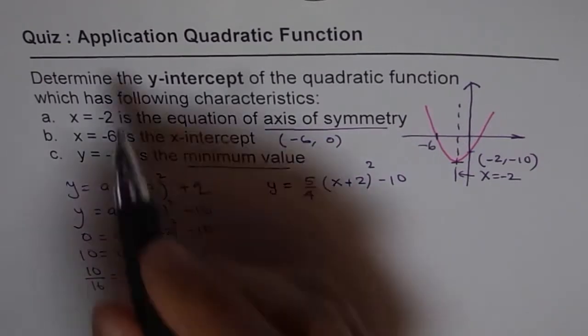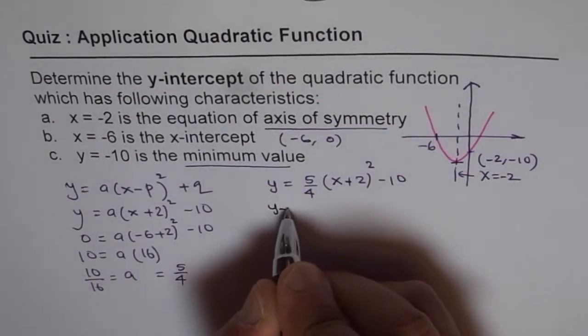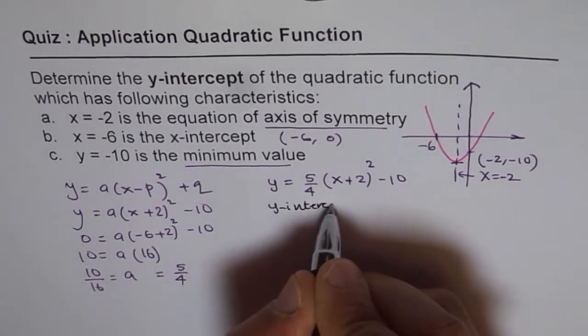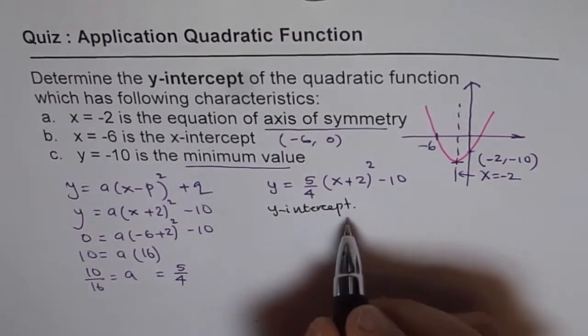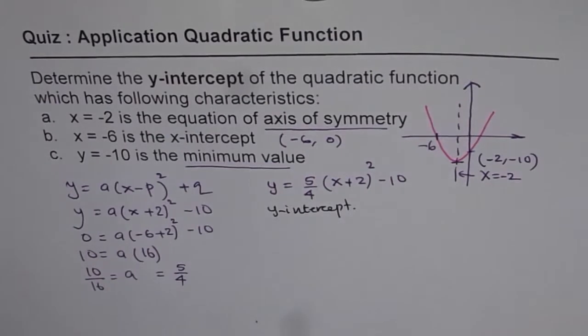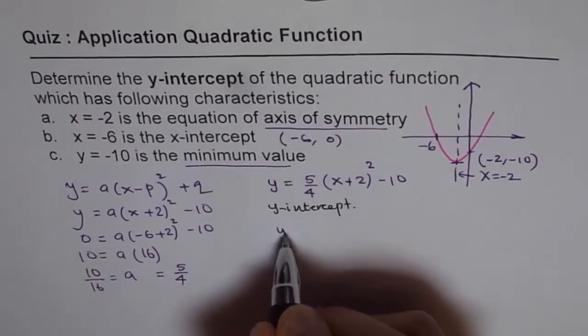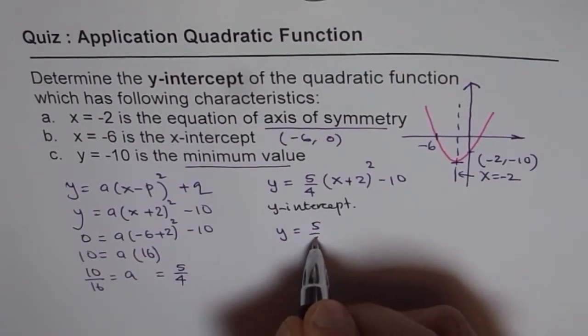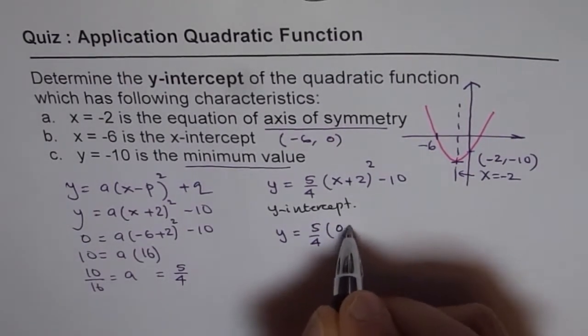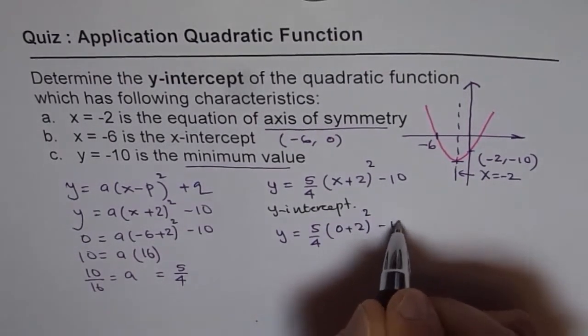Now what we need to do is to find the y-intercept, right? So don't forget, the y-intercept is still pending. To find the y-intercept, what we need to do is to plug in 0 for x and find the value of y. So we get y equals 5 over 4 times (0 + 2) whole squared minus 10.